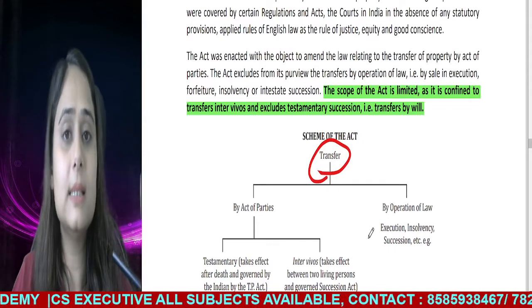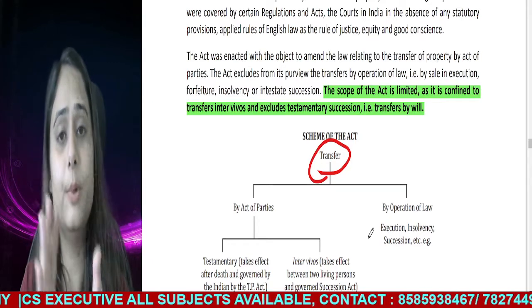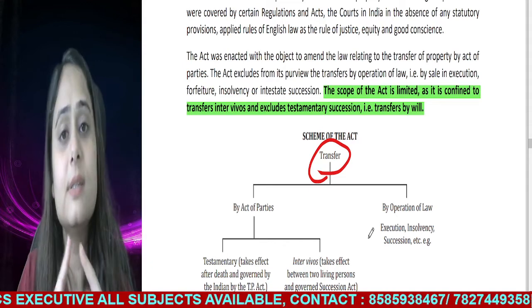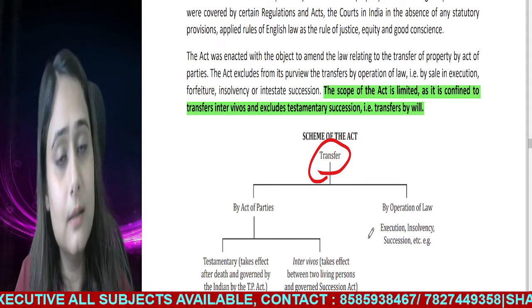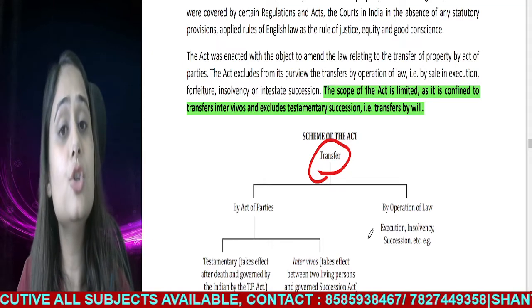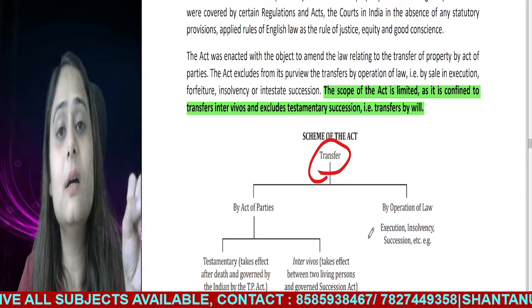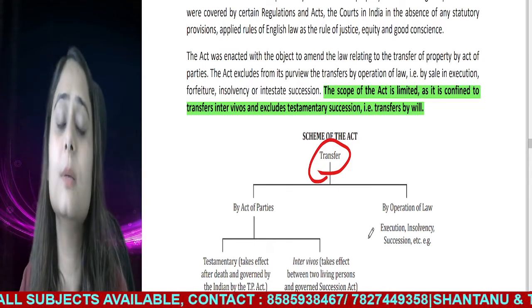That means two parties are involved in a particular transaction, and a particular property is being transferred from one person to the other person. The other kind of transfer can take place by the operation of law. That means the court has given a decision, and in regards to that decision, we are transferring the property from one person to another.